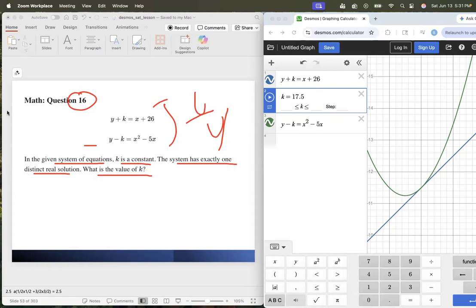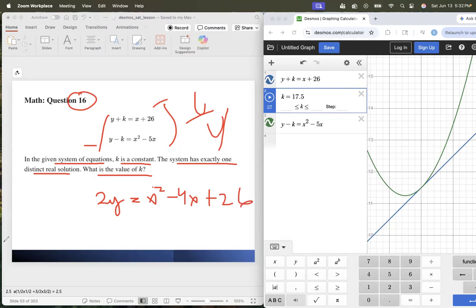How can you solve it with algebra? But the algebra requires some Desmos, right? What you do, you can add two equations because this is plus and negative. You get 2y. You're going to get x squared. This is going to be x plus this, which is going to be 4x, and then plus 26. Now I'm going to plot this in Desmos.